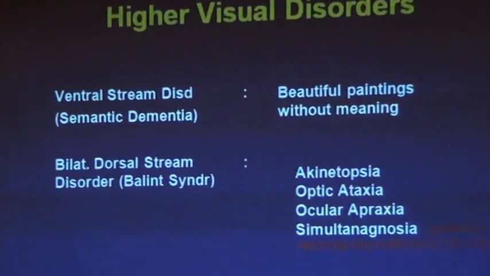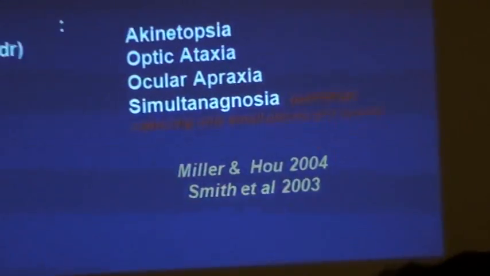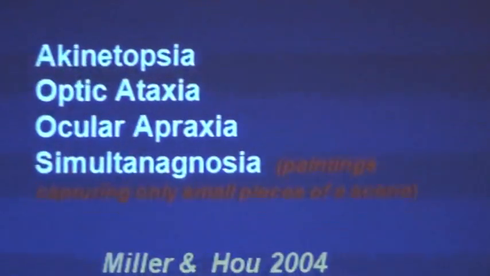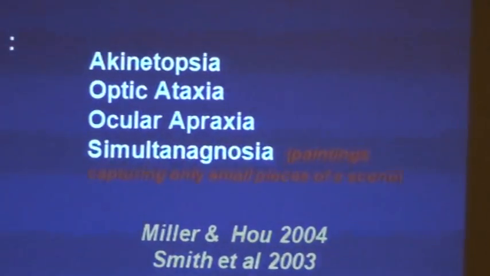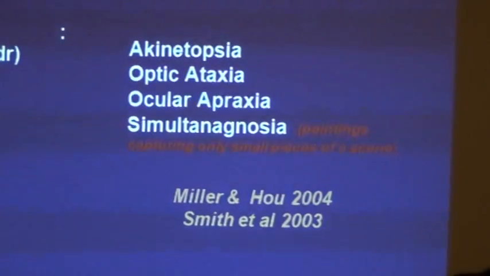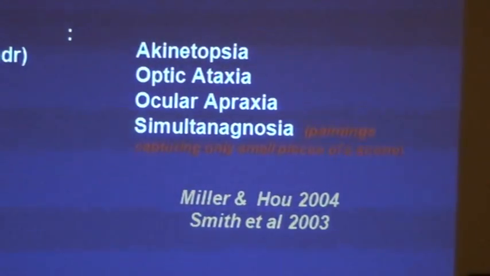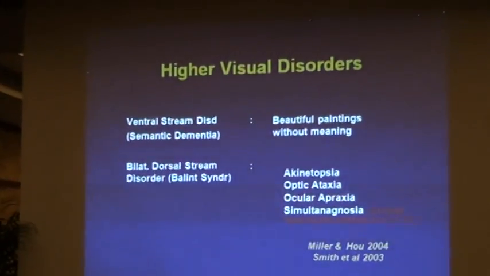And the last one is simultanagnosia, which means inability to perceive a visual scene. What is the visual scene in front of me? It's a big table, and all of you are sitting here with beautiful dishes of chicken legs and all this put in there. If you ask me to paint it, I will paint probably one person here, one chicken dish there, I will be able to do that.